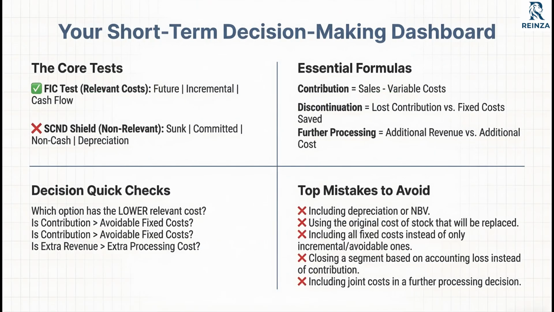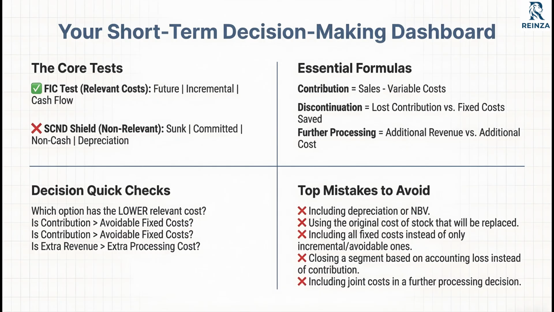Let us wrap up with your complete decision-making dashboard. This is everything you need to remember for the exam. First, the core tests. Use the FIC test for relevant costs. Future, incremental, cash flow. Use the SCND shield for non-relevant costs.